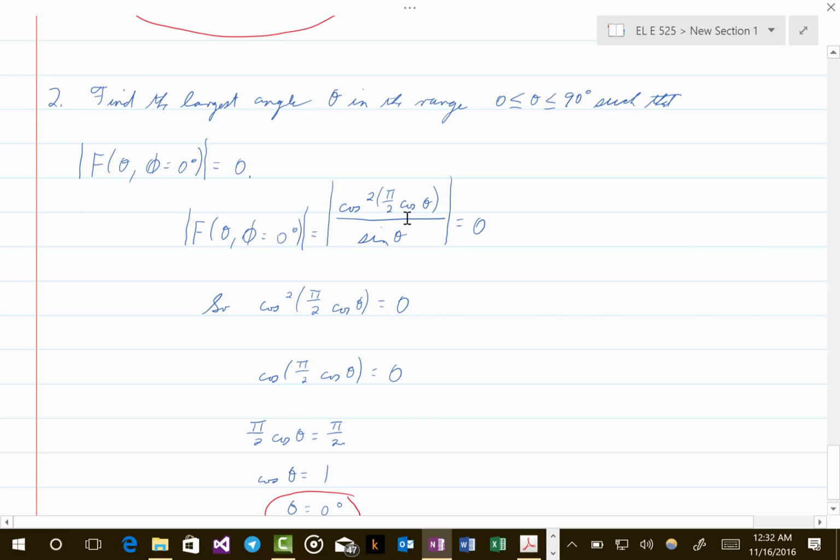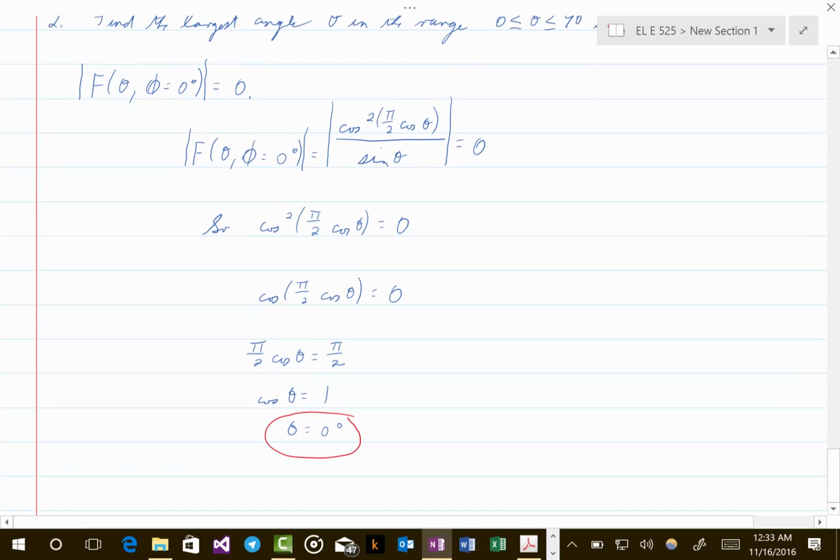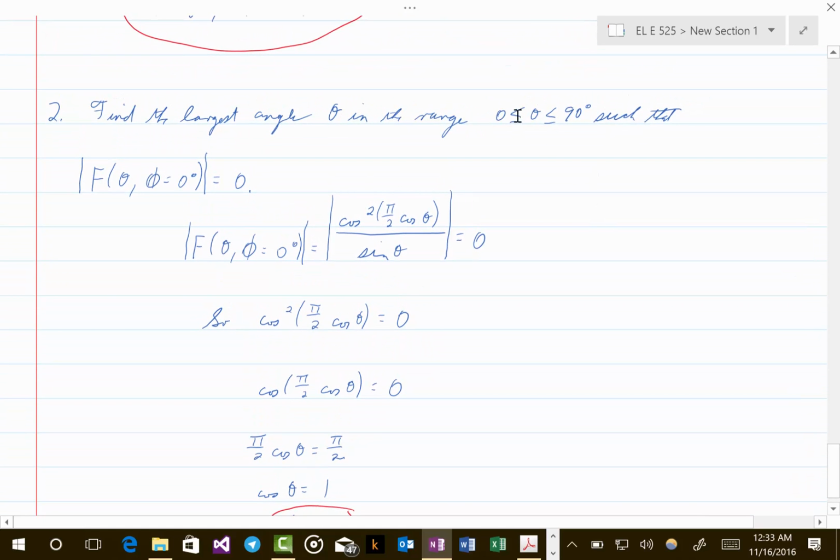That means that the numerator must go to 0, and the numerator is cosine squared of pi over 2 cosine theta. So take the square root of both sides, and we have this. And so the cosine goes to 0 at pi over 2. That means that pi over 2 cosine theta must be pi over 2, which means that cosine theta is 1, or theta is equal to 0 degrees. So that would be the only angle in the range between 0 and 90 degrees where the magnitude would go to 0.